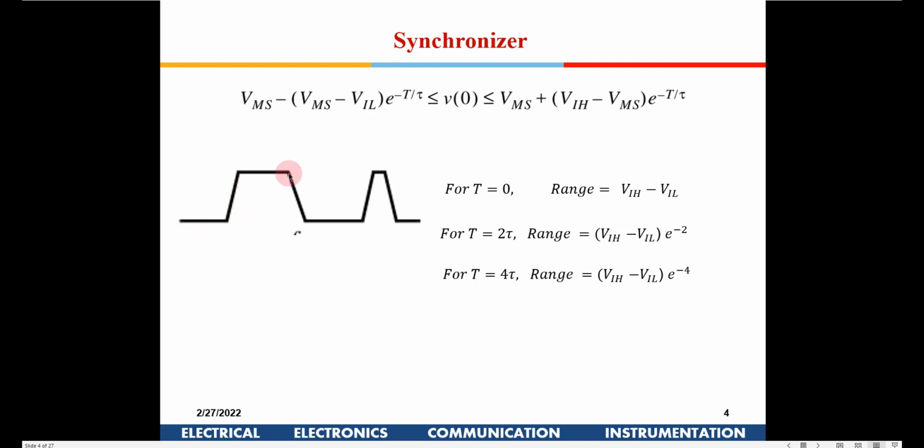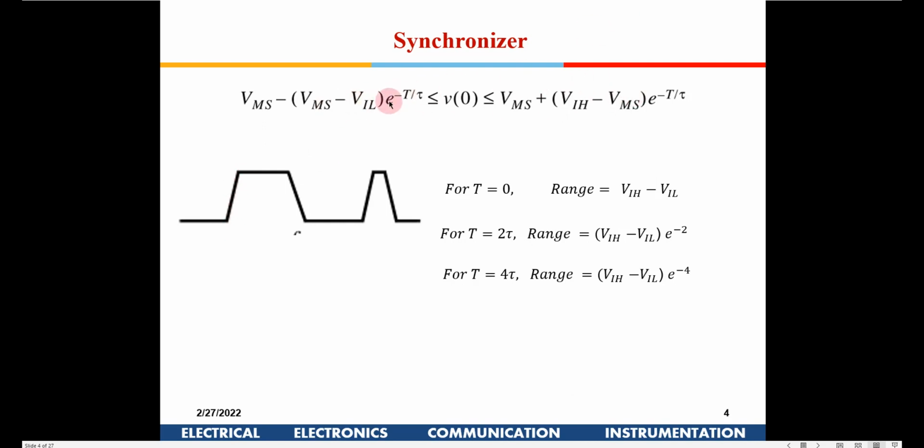In this transition range, what is the signal level range which is problematic for us, I mean which can cause an undetermined state in the microprocessor? It will be from VIL to VIH, right? So I can write this equation.